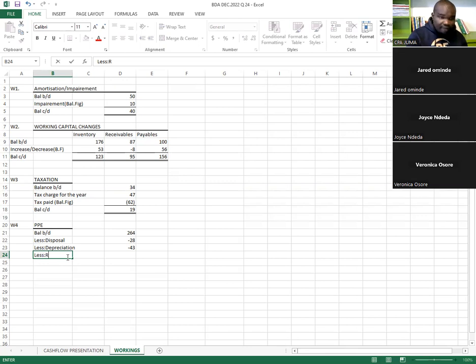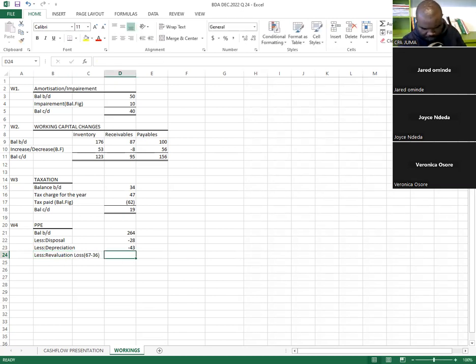So it means we have a revaluation loss, which is 67 minus 36. That will be 31.